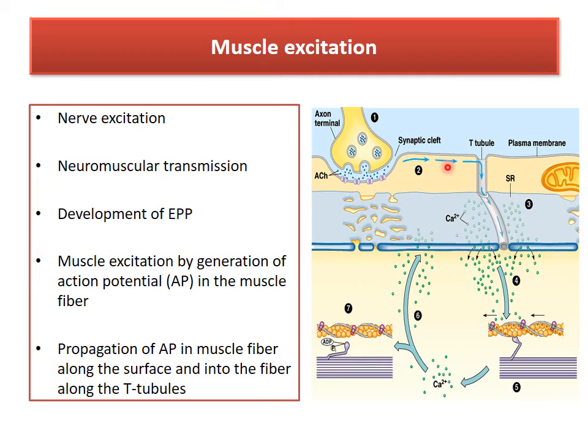Now this action potential is propagated in the muscle fiber from the sarcolemma deep into the muscle fiber through T tubules. And you know, these T tubules are the invagination of the sarcolemma into the muscle fiber.